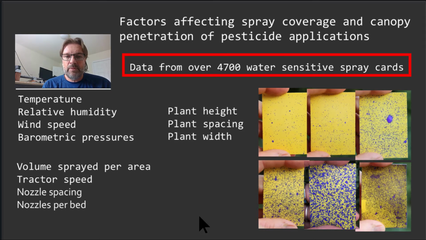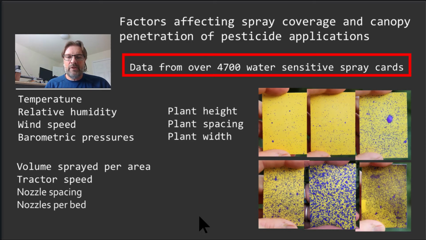We knew the spacing between the nozzles and how many nozzles there were across a bed, because the beds in strawberry fields vary in California. And then we also knew the plant height, the spacing, and the width of the plant. So that had to do with the texture and the density of the canopy that we were spraying.